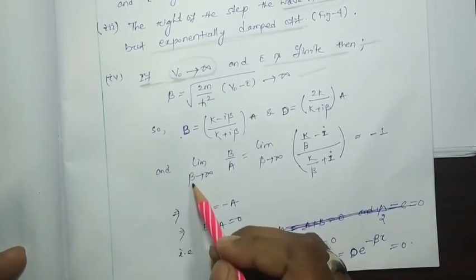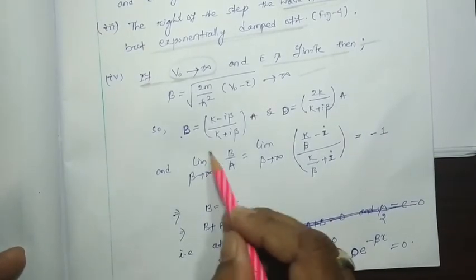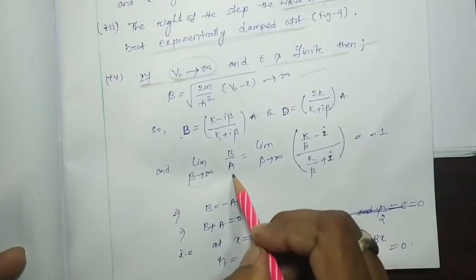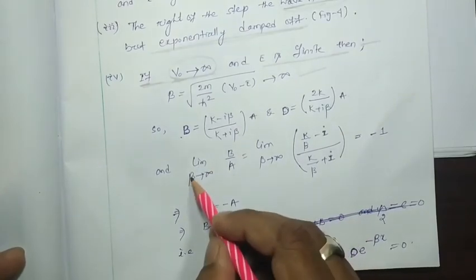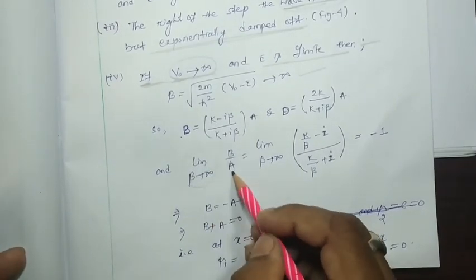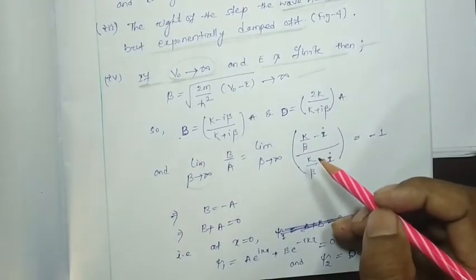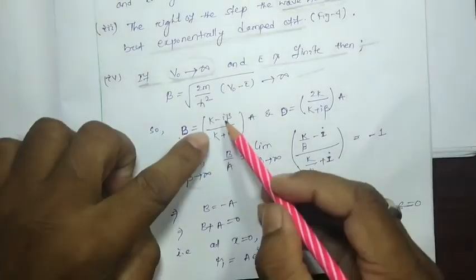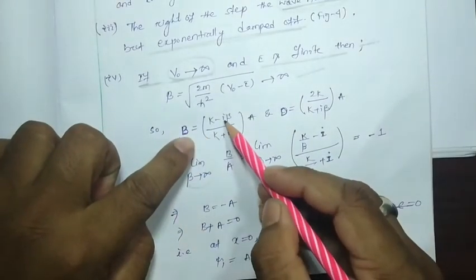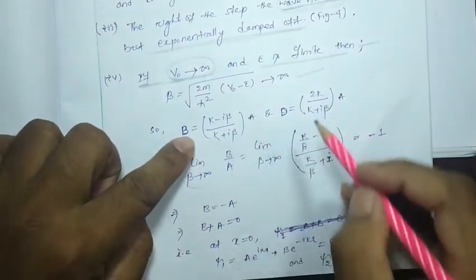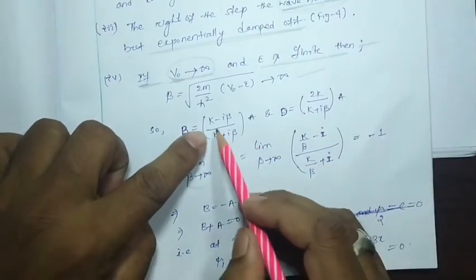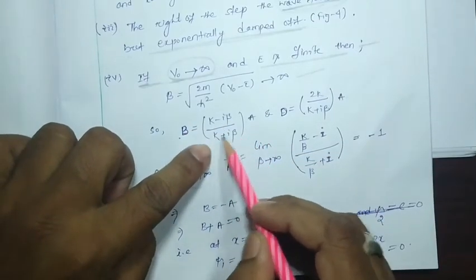So in the limit beta tends to infinity, how much will B by A be?